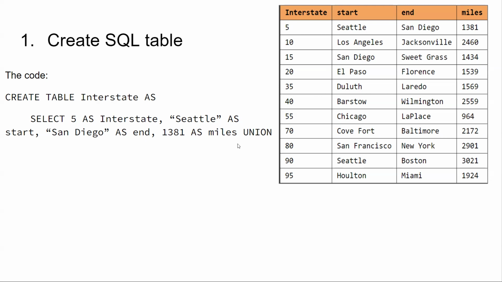If you only have one piece of data, you don't have a union. Instead, you should end with a semicolon. But because obviously we have about 10 pieces of data, you should have a union. Union means that I have to combine all this together.